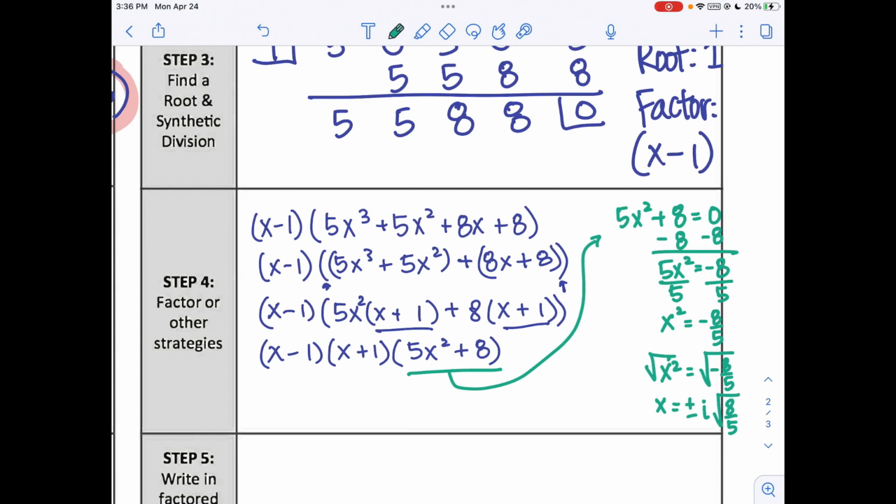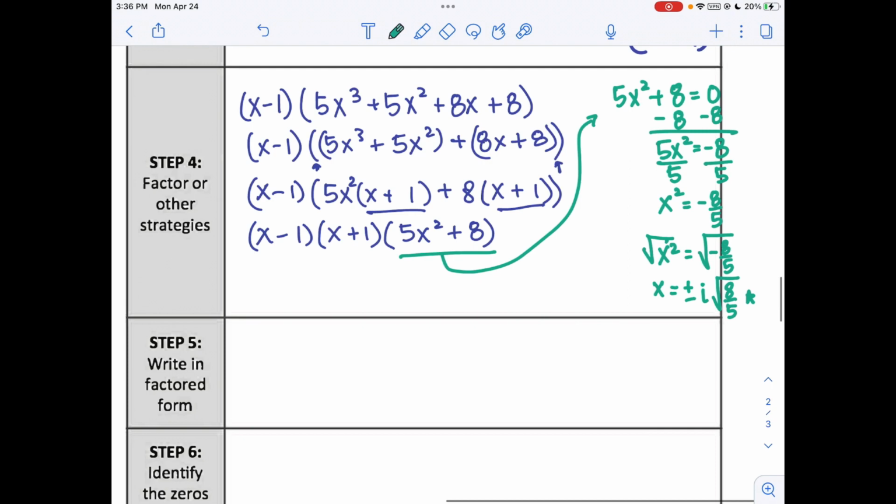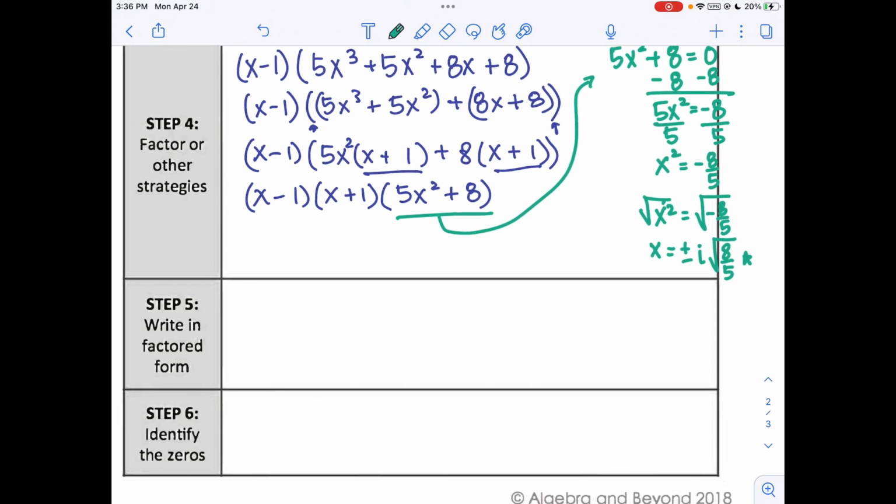At this point where I have it here, it actually means square root of 8 over square root of 5. I can show you how to rationalize that later, but I did show you very briefly earlier in the unit. So I'm just going to go ahead and write it as it is.